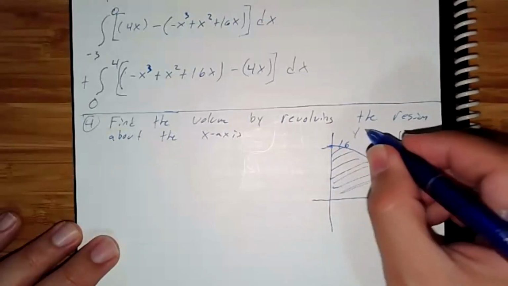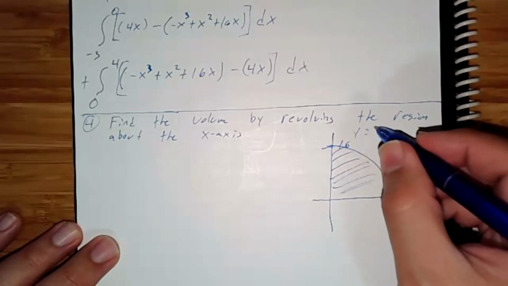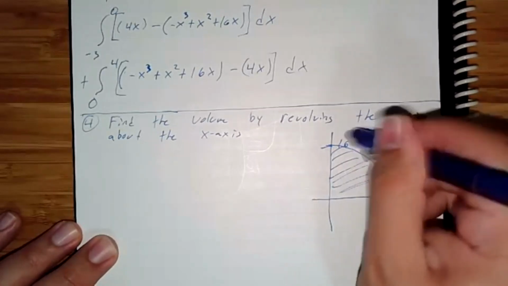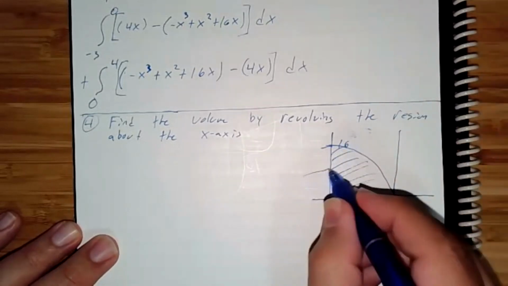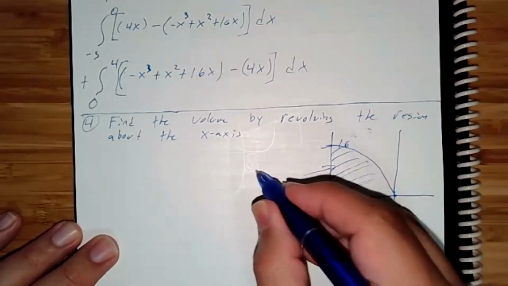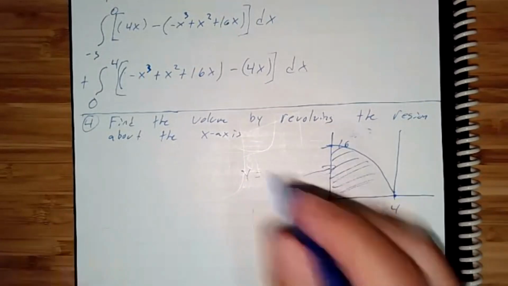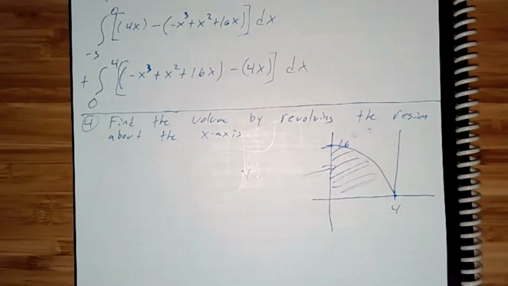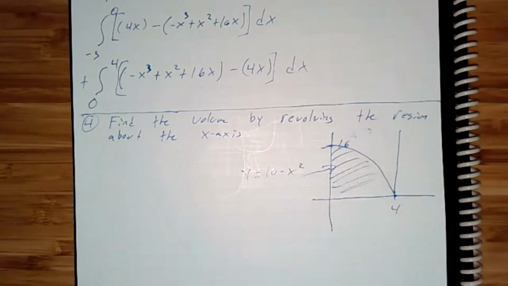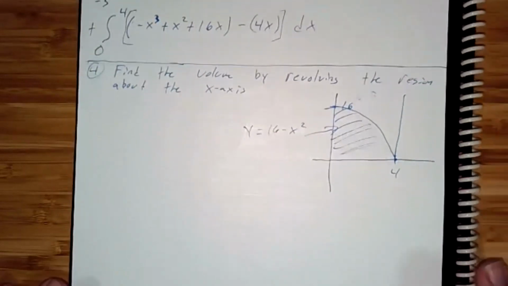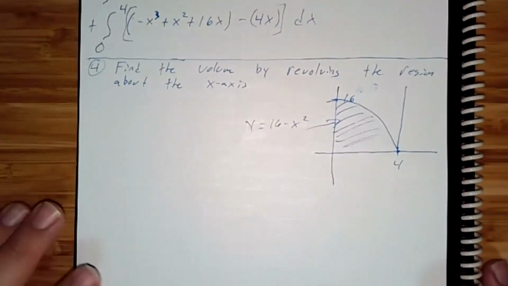Let me put it in a better place. So that parabola there is y equals, excuse me, 16 minus x squared. Okay, there we go. Sorry about that.